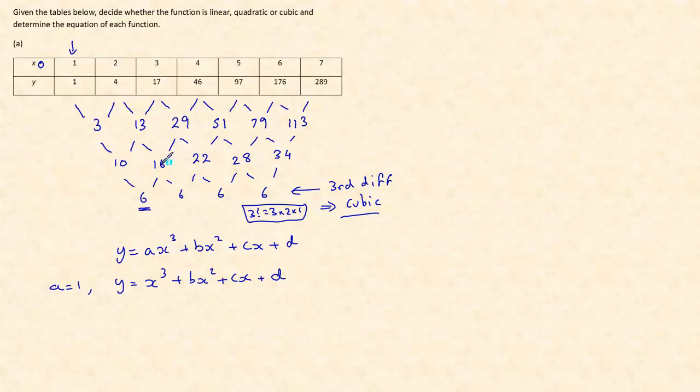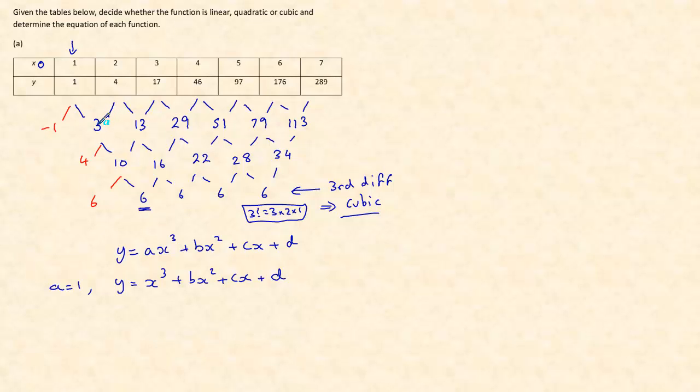So what we need to do is take the table back a step. So we know that the difference here would be 6. So if we count back on the second difference just here, it's going to be 6 less than 10, so that's going to be 4. So that would make the first difference -1.